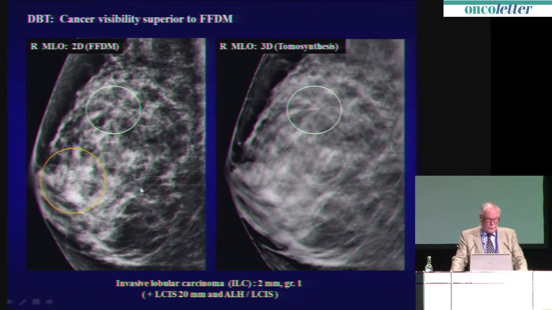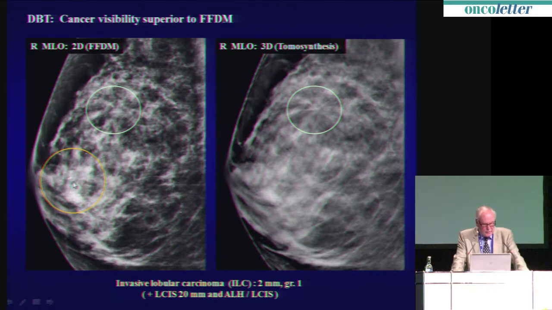This lady was from our pre-screening study, and she was called back from a screening due to these microcalcifications that you can see in the retroareolar area. That was the reason for diagnostic workup and assessment. We did a biopsy of that. These calcifications were benign. We did standard additional views. We did ultrasound, and the woman was discharged.